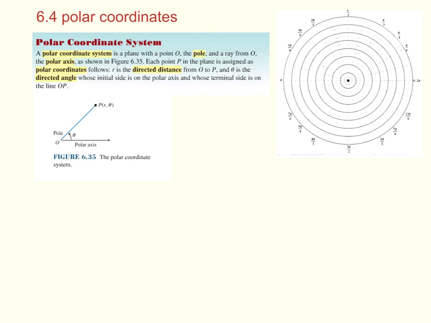Let's go ahead and look at a sample polar coordinate for a moment, and we'll graph that. We could say that we have the point, I'll just come up with the point Q, and we'll give Q (3, pi over 4).